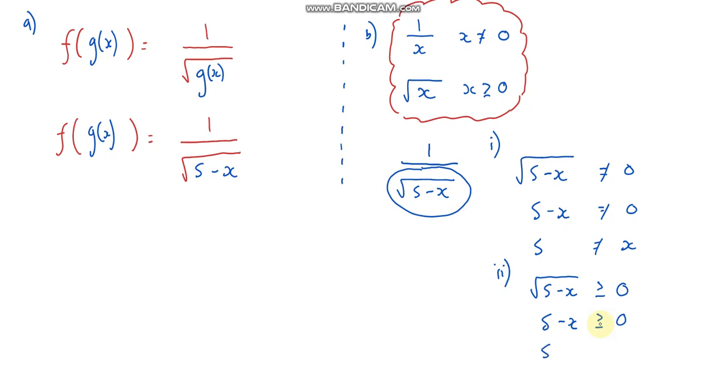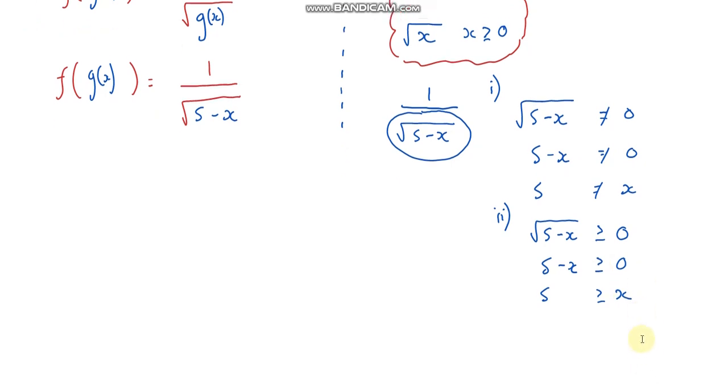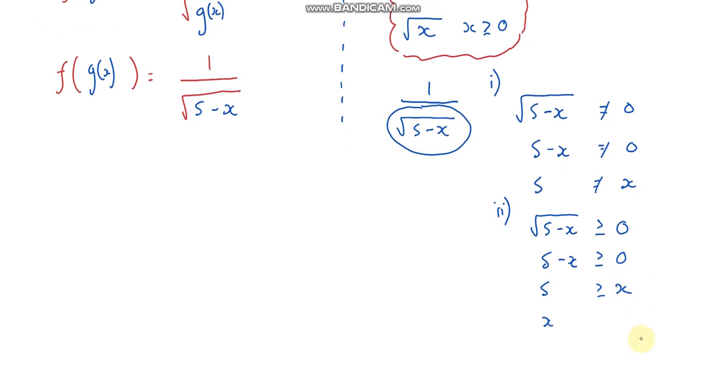So that means that 5 has to be greater than or equal to x. So x has to be less than or equal to 5. So it makes sense. If x is less than 5, we're going to have a positive number. Okay, so if it was 4, we'd have 1, 5 take away 4. If we had like negative 2, positive. Okay, so that makes sense to me.